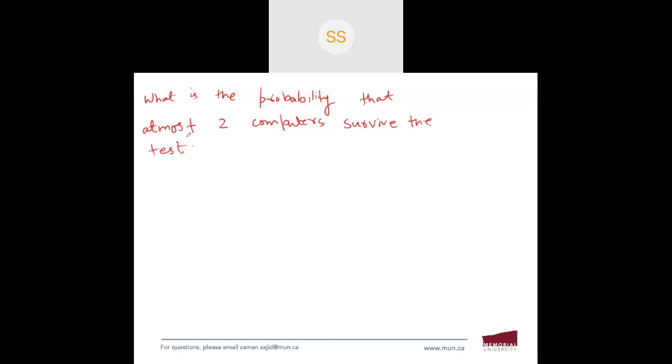Okay. Now what he's asking here, what is the probability that at most 2 computers will survive here?